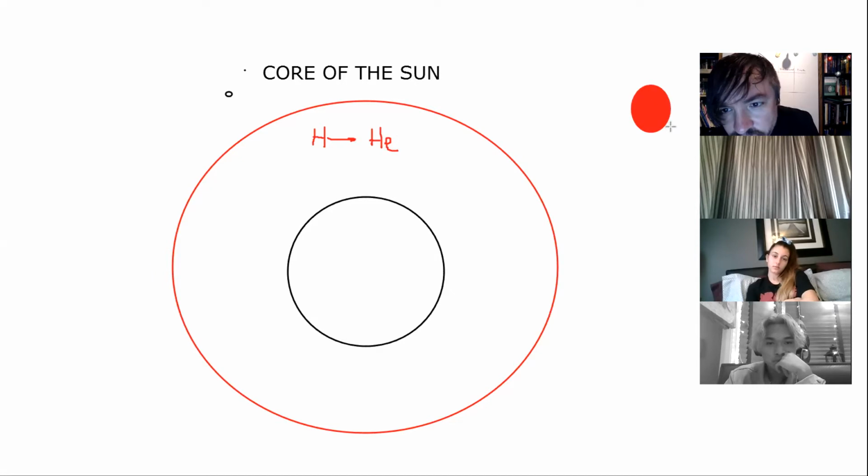In a hydrogen nucleus, basically you have one proton. But a helium nucleus is 2 protons and 2 neutrons, right? I can't really draw with this thing. Let's undo this. I don't like this.